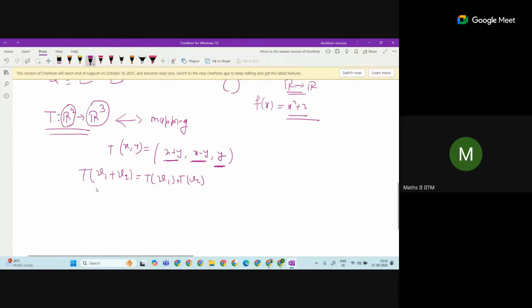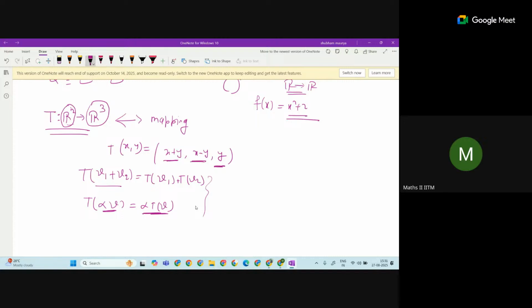It preserves addition of vectors, and second, T of alpha times v is alpha times T of v. Scaling the vector and then taking the image is the same as taking the image and then scaling. These are those two definitions. If a mapping follows them, it is called a linear transformation.